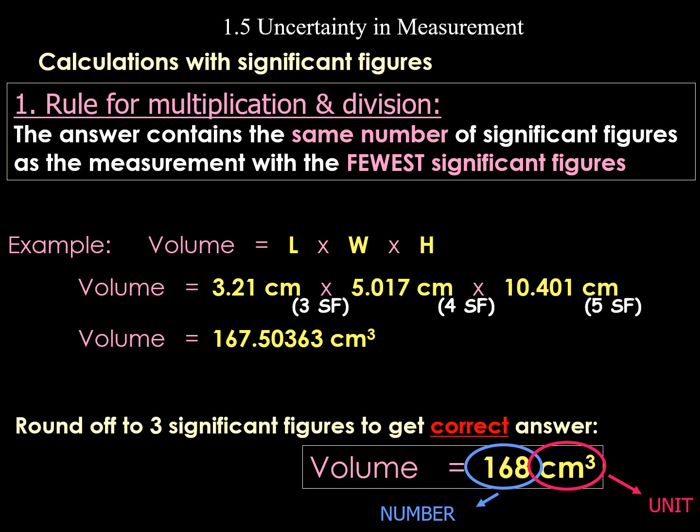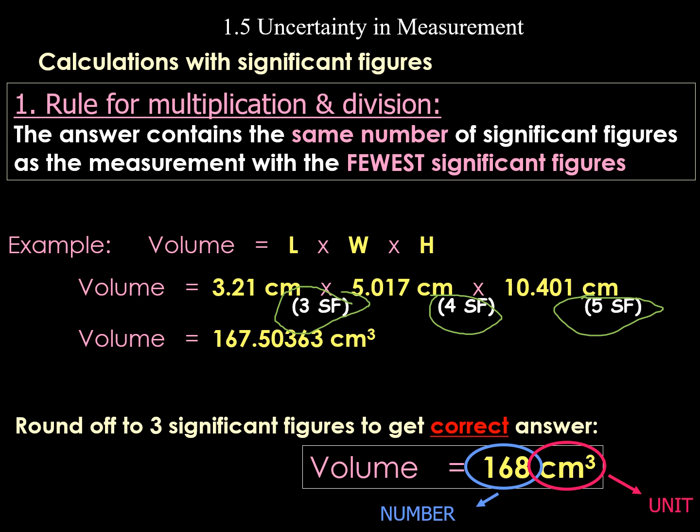So in this case, we have 3.21 centimeters times 5.017 centimeters times 10.401 centimeters, and I wrote there how many significant figures in each value: 3, 4, and 5. Based on our definition above, your answer should have 3 significant figures, because the fewest in the question is 3 significant figures, 3.21 centimeters.